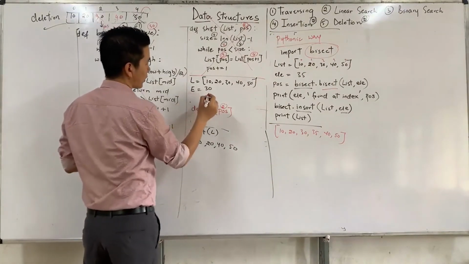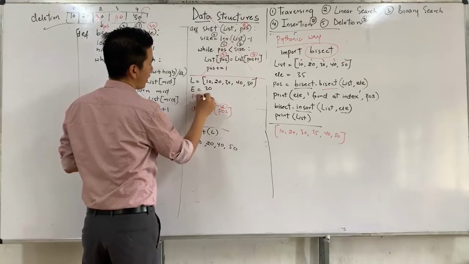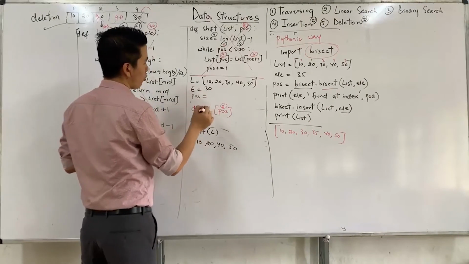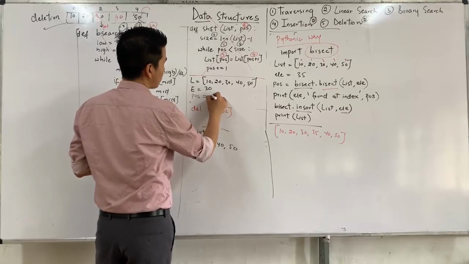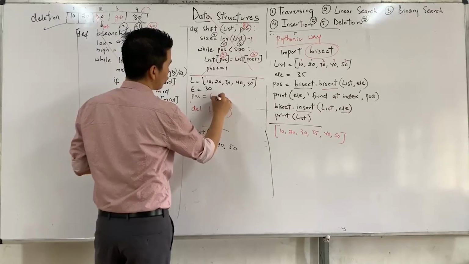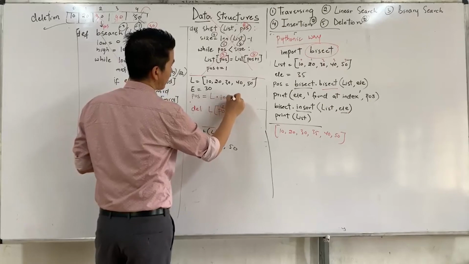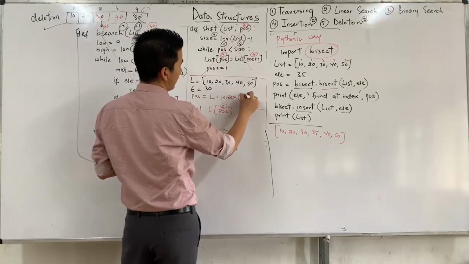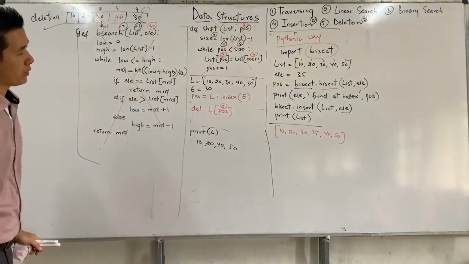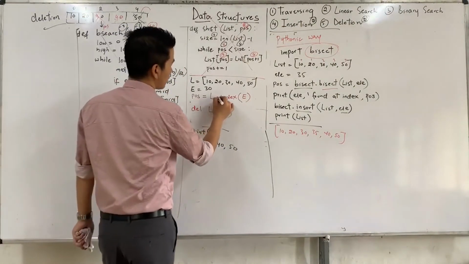So here, what I can do is POS equals L dot index of E, right? Need to be careful because there are just too many functions.